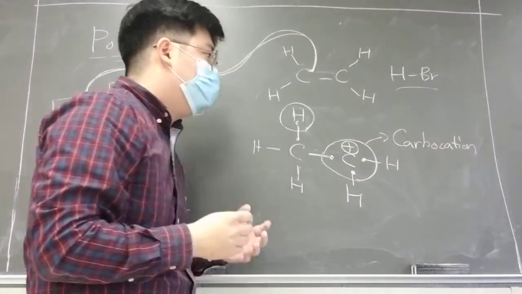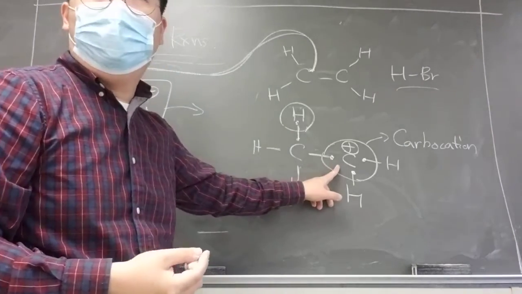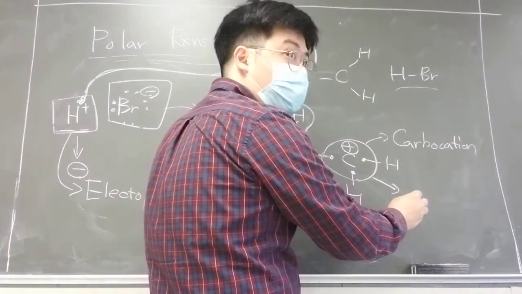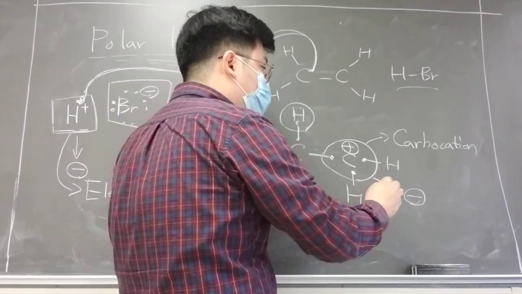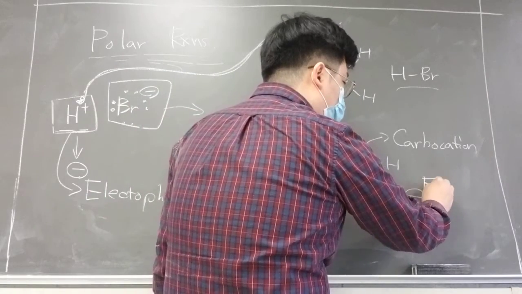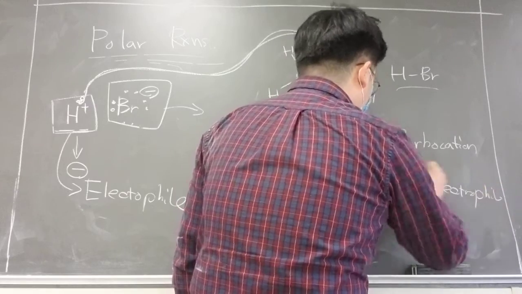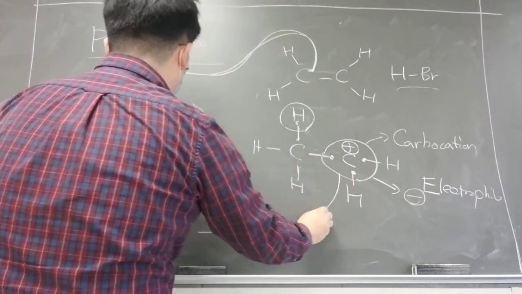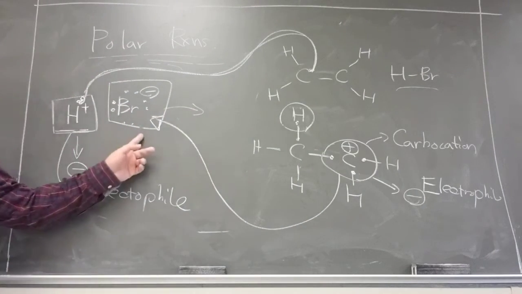Okay? This is like a cation, like a positively charged ion kind of carbon. So this also looks for something that is negative. Okay, so this will also become an electrophile, I mean this carbon right here. And then this will look for something that is negative.